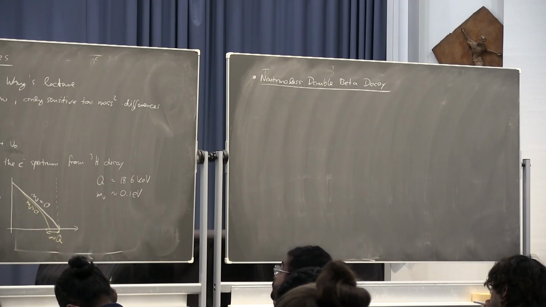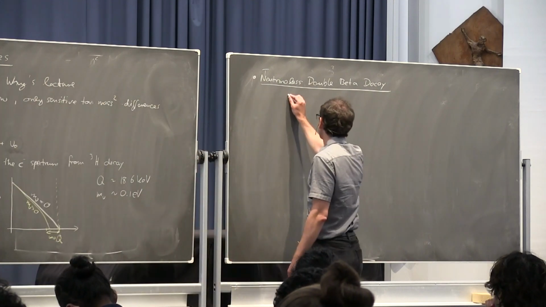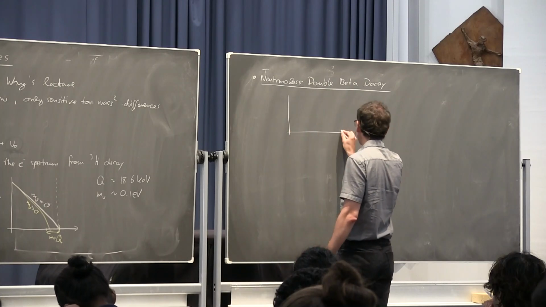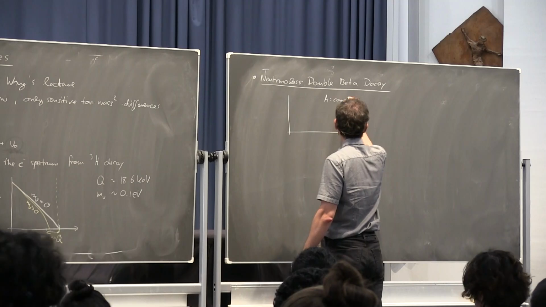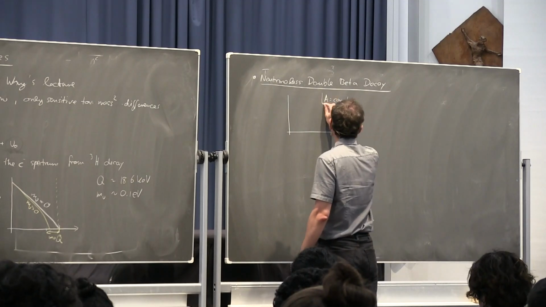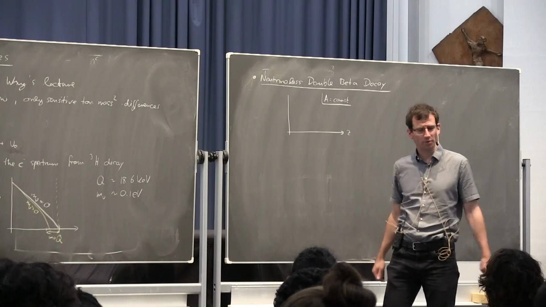If you think about normal beta decays, and we consider a set of isotopes, all with the same nuclear mass number, but with different Z. So basically same total number of nucleons, but different distribution between protons and neutrons.